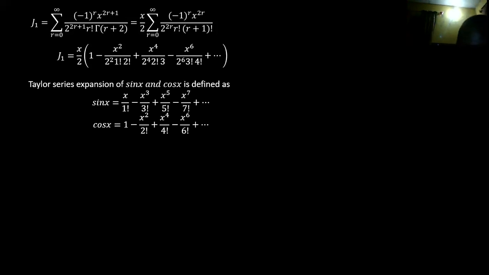Now, I want to look at the Bessel function for 1 over 2 and Bessel function for minus 1 over 2. But before that, we need to consider this. These two expansions are going to be useful to prove our Bessel function of 1 over 2, which is what? The Taylor series expansion of sine x and cos x.